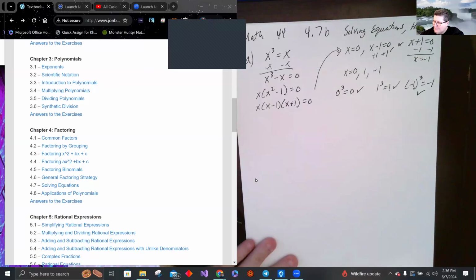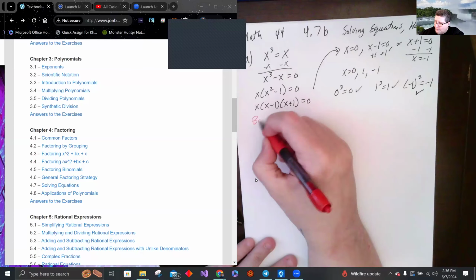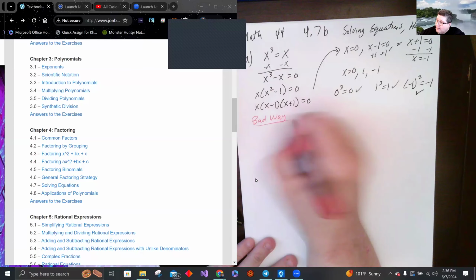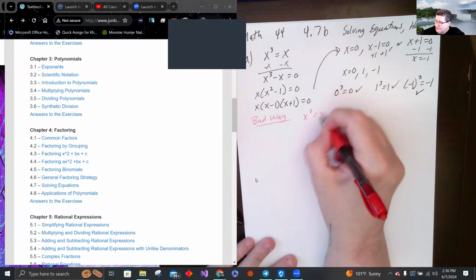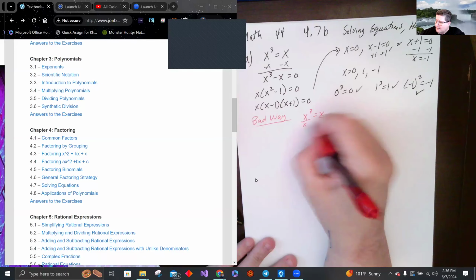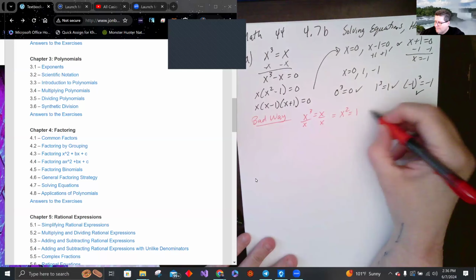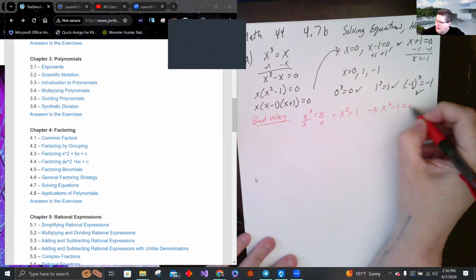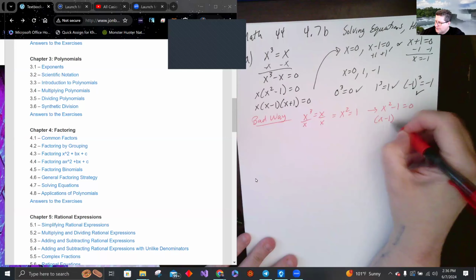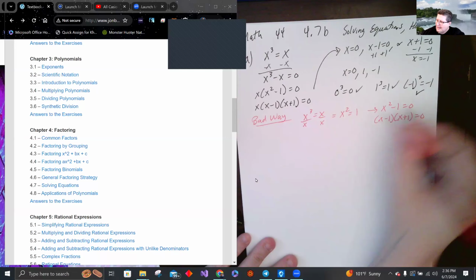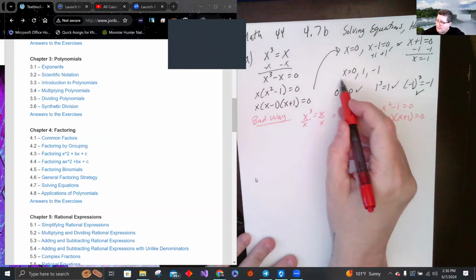If you divide by x the bad way, the wrong way, x cubed equals x, if you divide both sides by x, you get x squared equals 1. You move it over, and you lose the x equals 0 option.